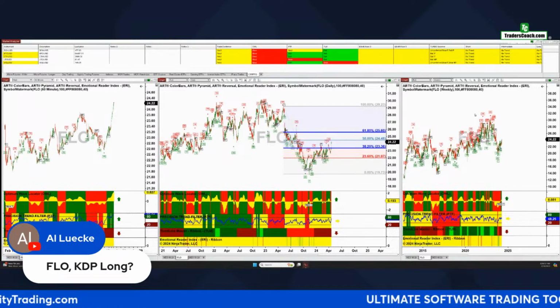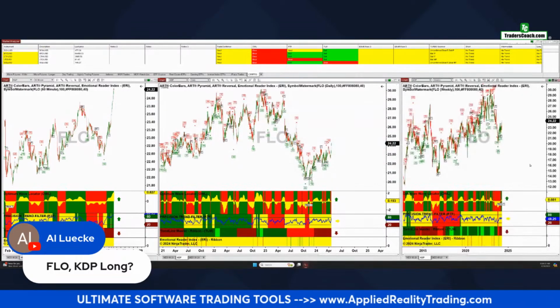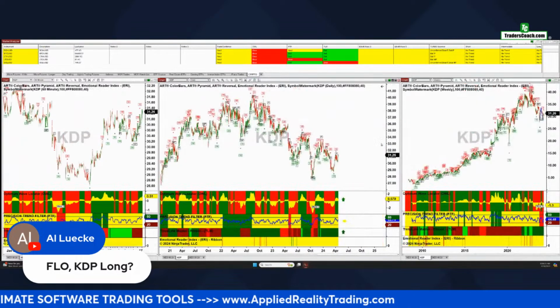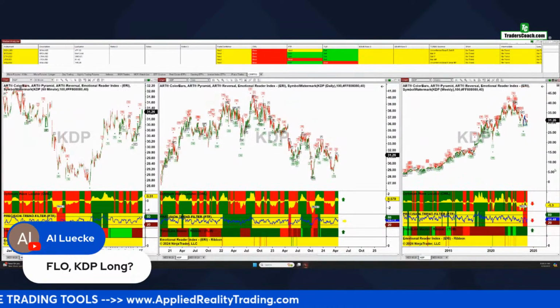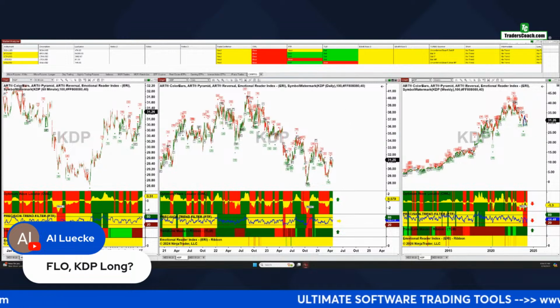Okay. Let's take a look at KDP. That's a tongue twister. All right. See what's going on with this. All right. Still got a red PTF over here. So the correction is not finished. So no long here. Okay. And let's just draw it in.